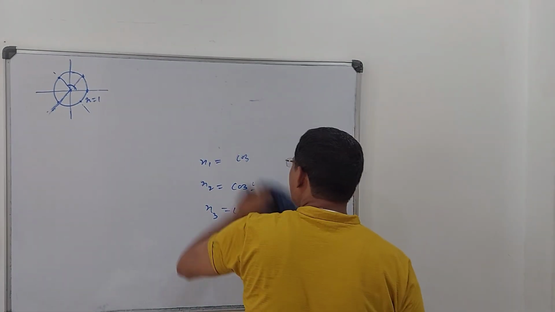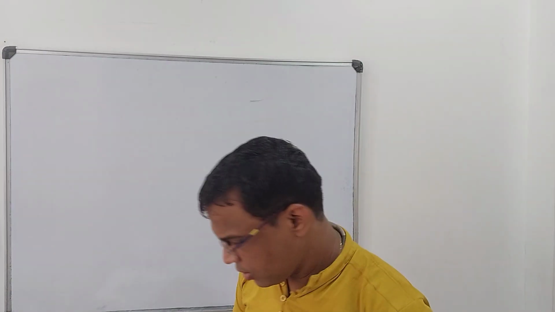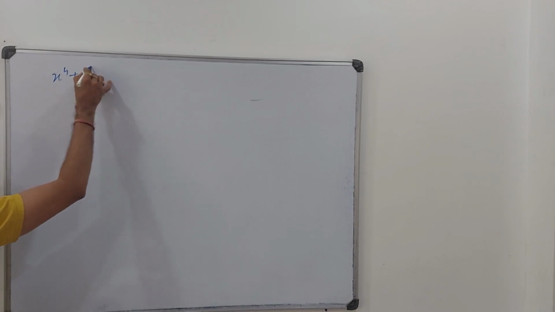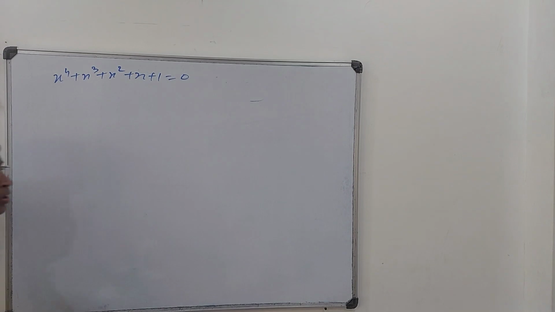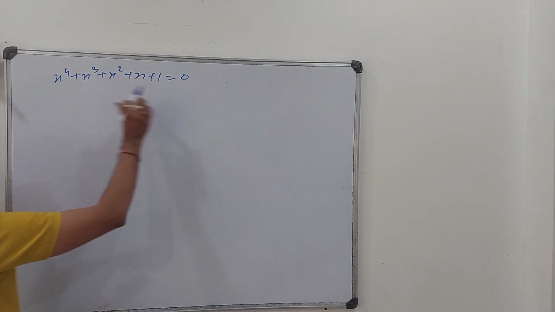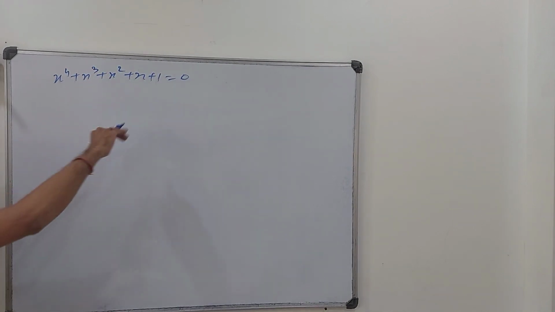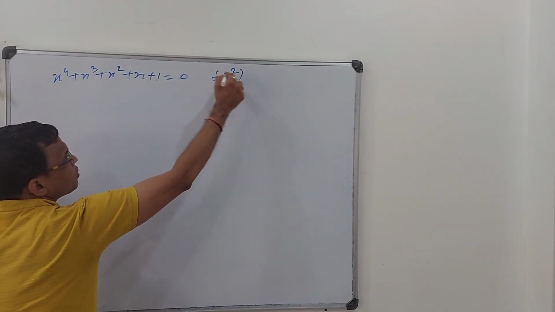Now the third approach, I will just let you know the approach and you will understand it very easily. So our question was x power 4 plus x cube plus x square plus x plus 1 is equal to 0. Now in this particular approach, in spite of solving it in any of the ways we have done in the first 2 cases, I will just look at this and divide the whole relation by x square.